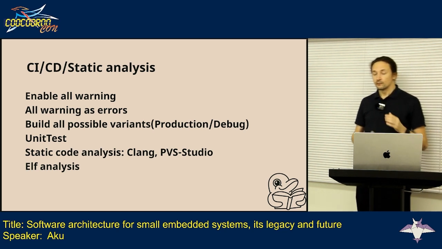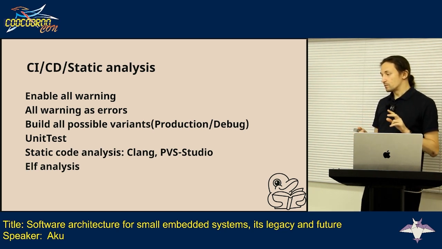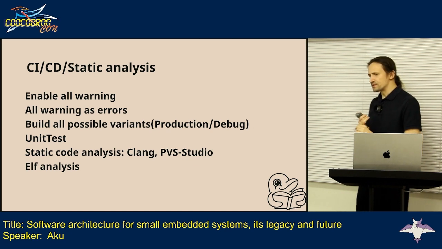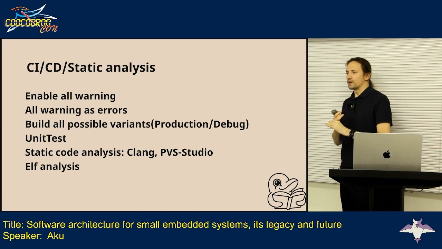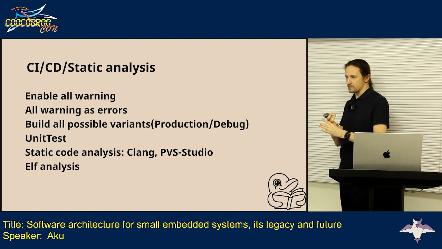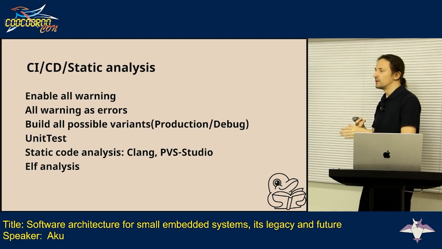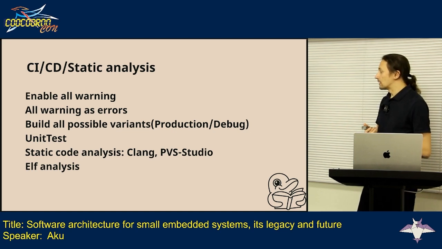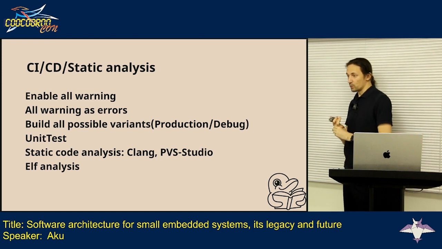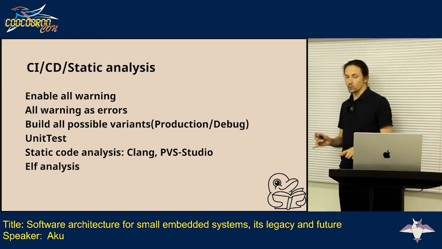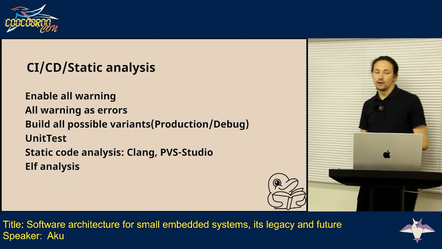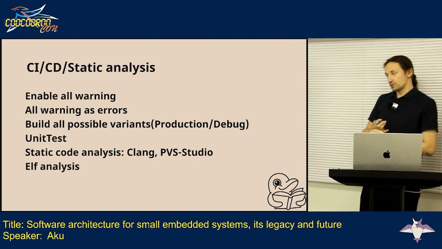And a couple more things. Since our systems don't have the right for a mistake, they don't have a chance for anything to go wrong, we would like to enable all warnings that we can enable, they must be enabled. And then we make all those warnings errors.